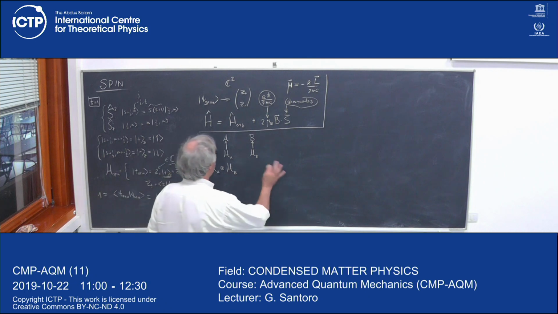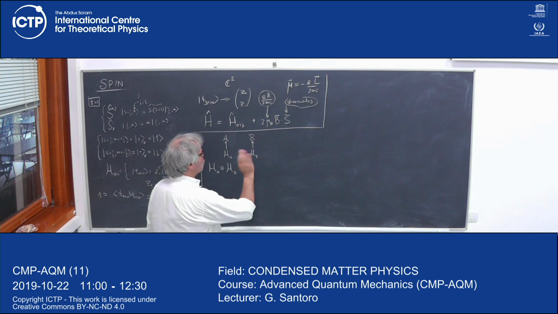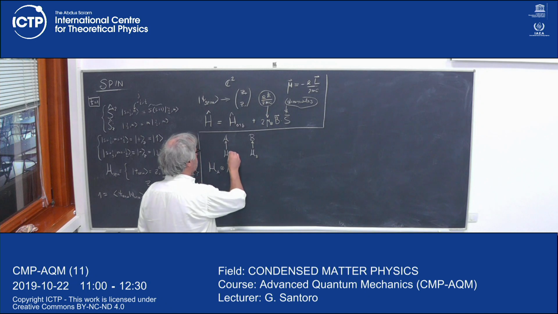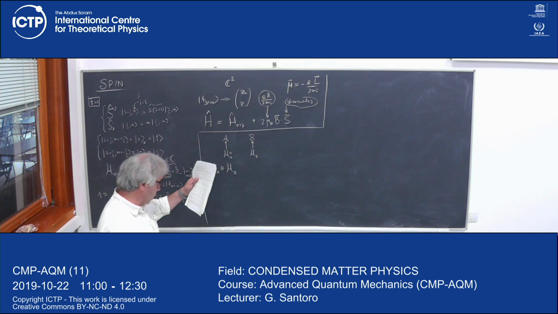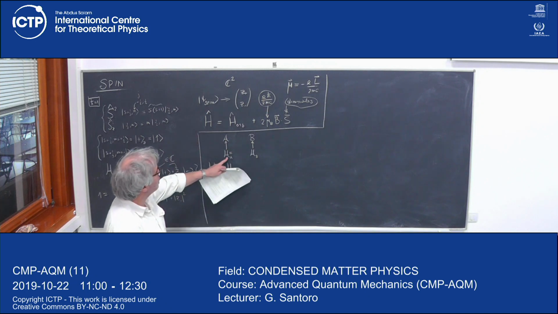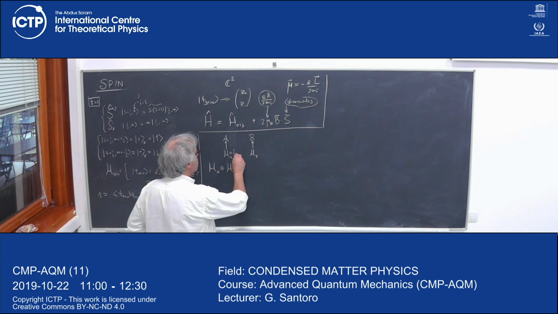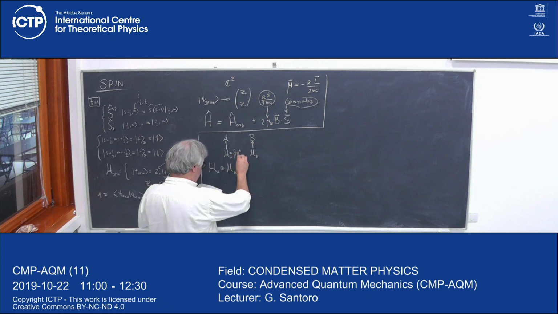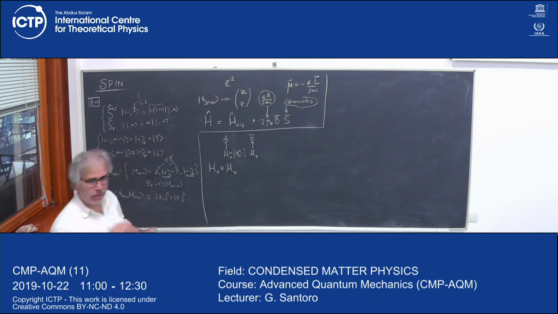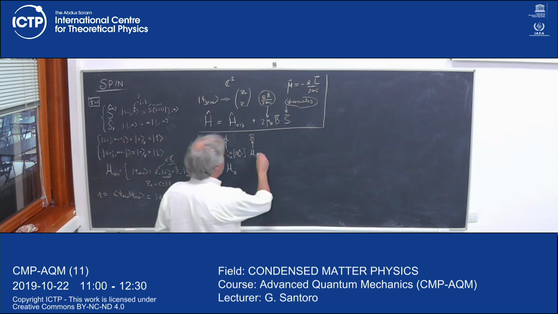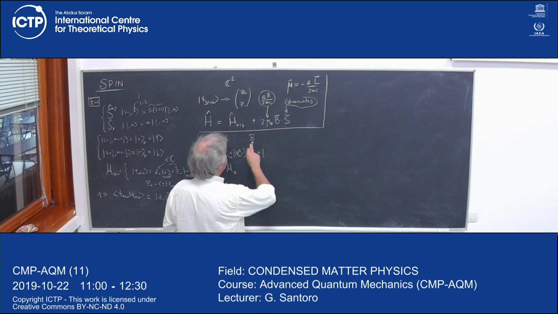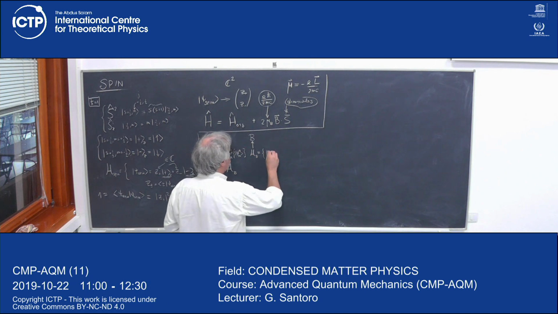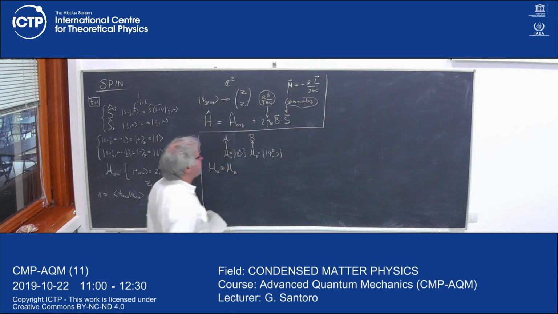I will be very crude maybe, but not too bad. So let's imagine that I have a basis for the Hilbert space A. I'll call it phi A of m, possibly infinite dimensional, whatever. And then I will have a basis for the system B, and I will call it phi B of n.